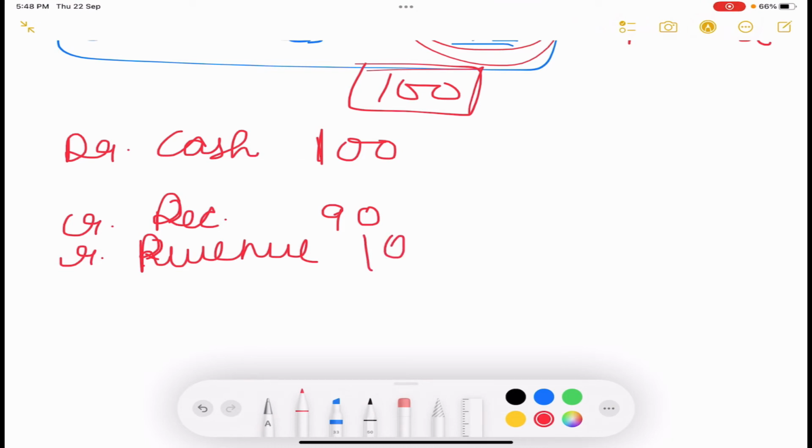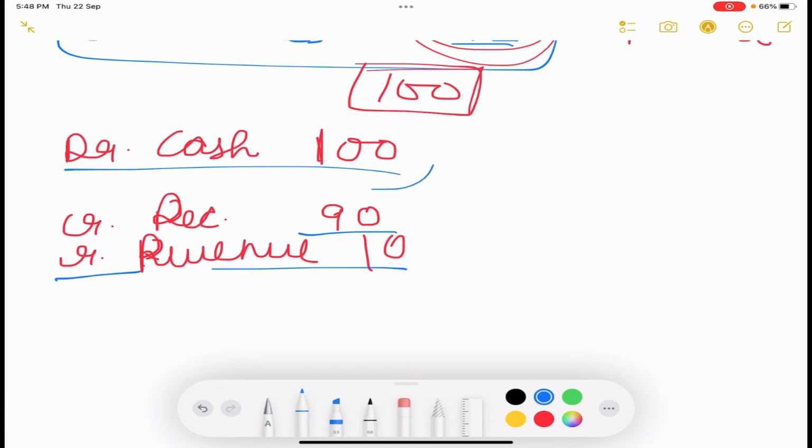So did you understand why I did this? In our invoice, the amount was 90. So here we had already expected them to pay, but they didn't pay. That is why we had to do this.